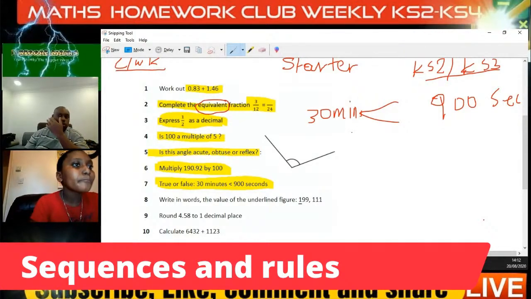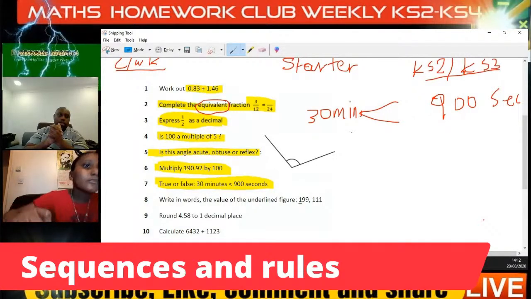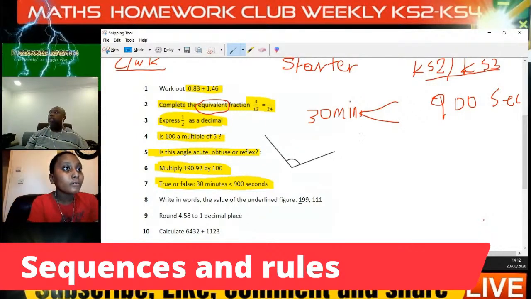How many seconds equal 1 minute? Have they taught this in school? Okay, let me help you with this. 60 seconds equals 1 minute.